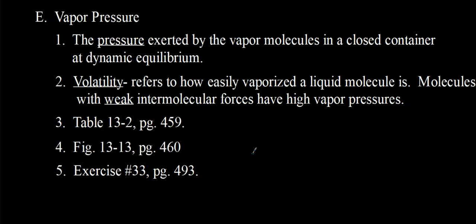And then diethyl ether is close to 1,000 torr. So again, vapor pressure is related to strength of intermolecular forces. We'll talk about boiling next lesson, but notice too, it gives you the normal boiling points of those substances. So there's a relationship between vapor pressure and boiling. We'll talk about that next time.